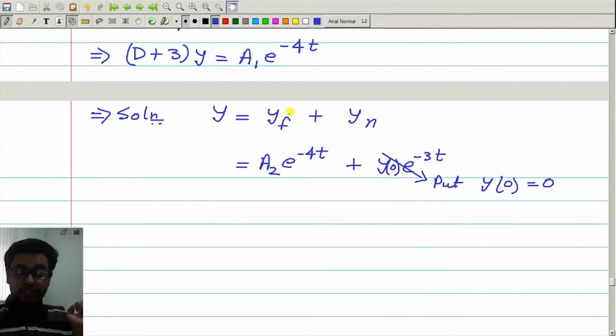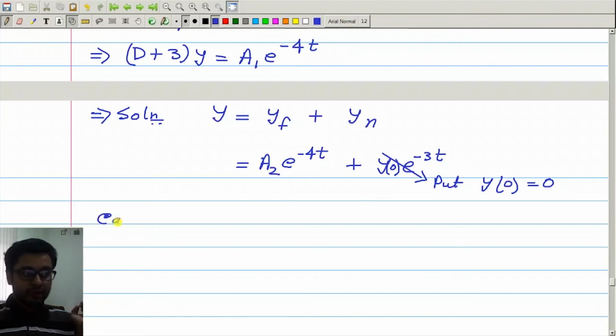And forced response alone will always satisfy the given differential equation. We do not need natural response to satisfy the differential equation. We need natural response only to satisfy the boundary conditions, not to satisfy the differential equation. Okay, so y will be of this form.